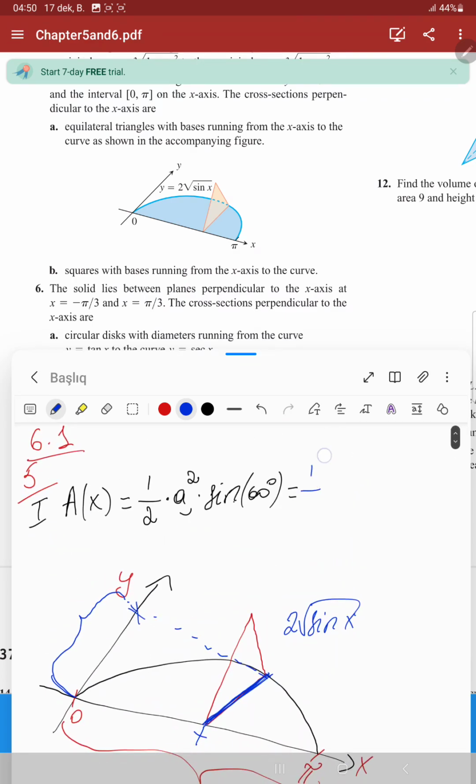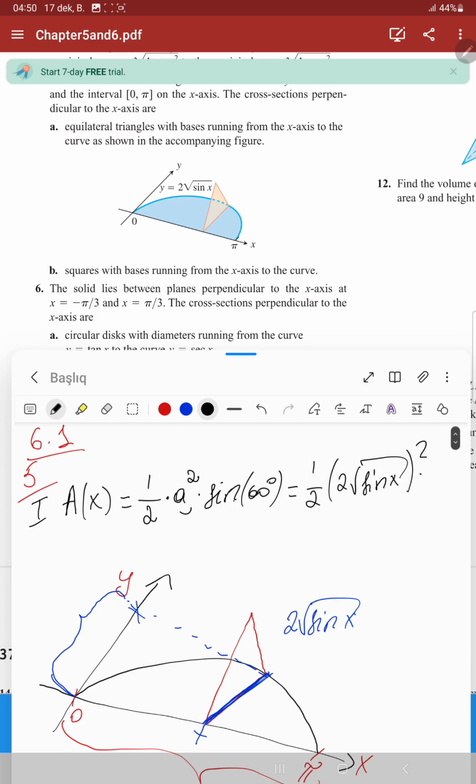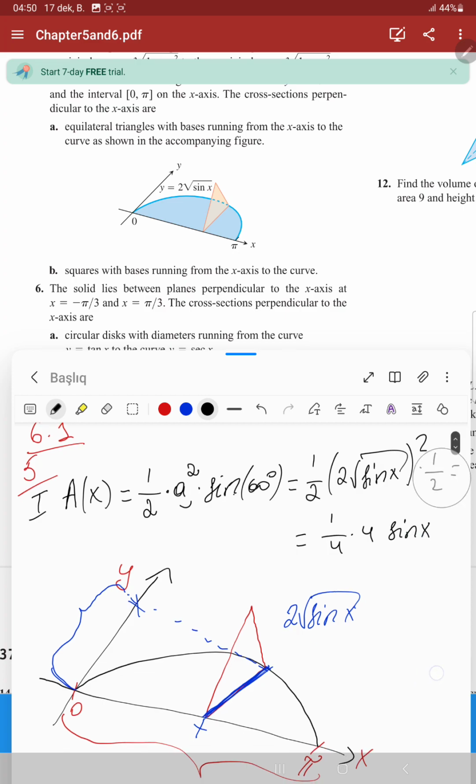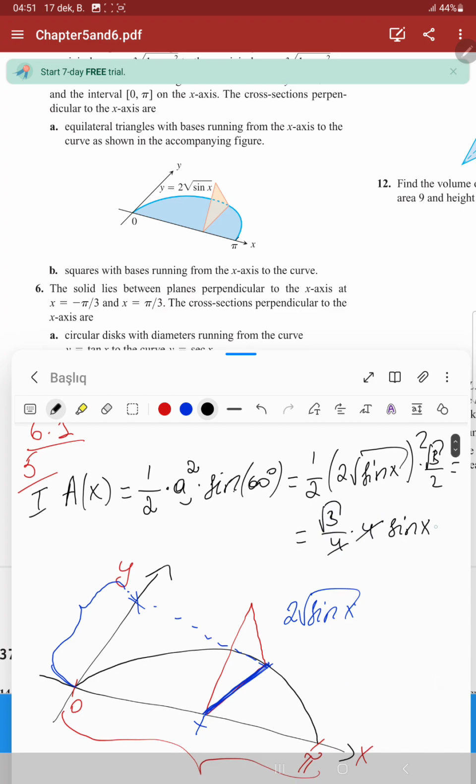So 1 over 2 times (2 square root of sine x) squared times sine 60, which is square root of 3 over 2, equals 1 over 4 times 4 sine x, so we'll get square root of 3 sine x.